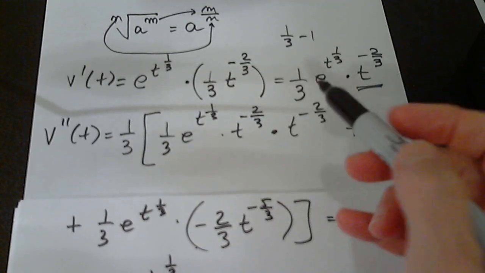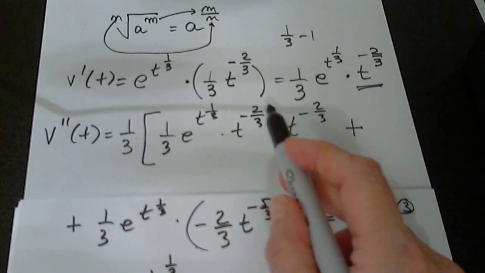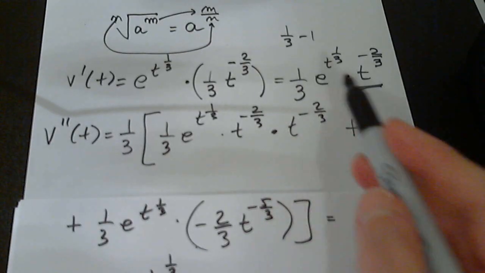I have 1/3. I copy e to t to 1/3 times, copy the base, add the exponents. -2/3 minus 2/3 is -4/3. Copy the base, add the exponents.